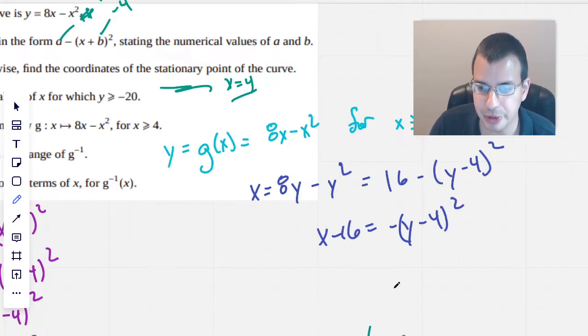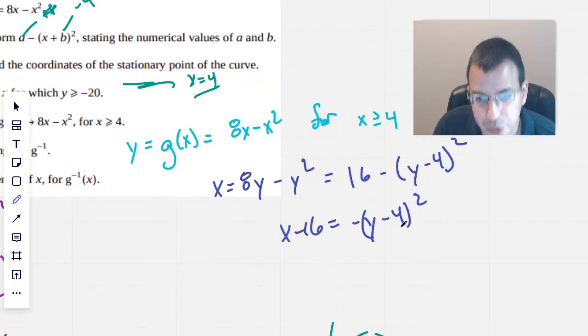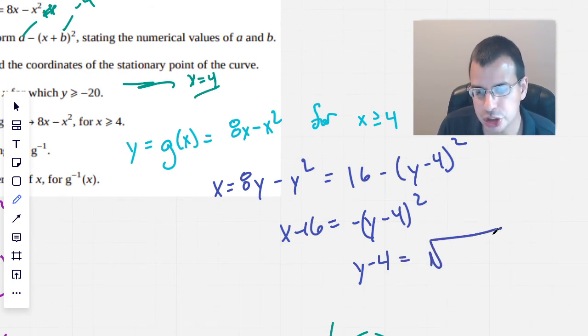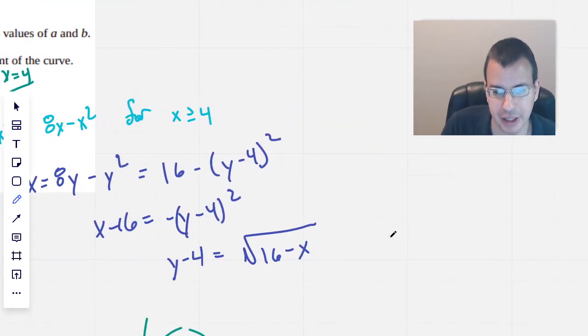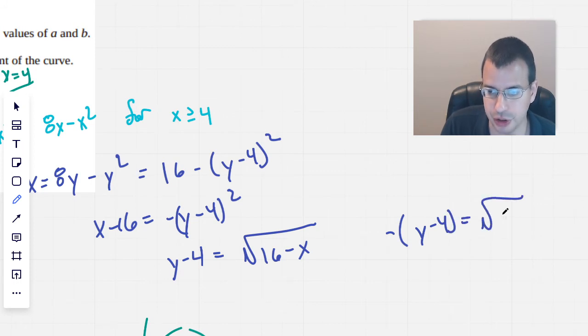squared, square rooting both sides. We have y minus 4 equals the square root of 16 minus x. And then we would also have negative quantity y minus 4 equals the square root of 16 minus x.